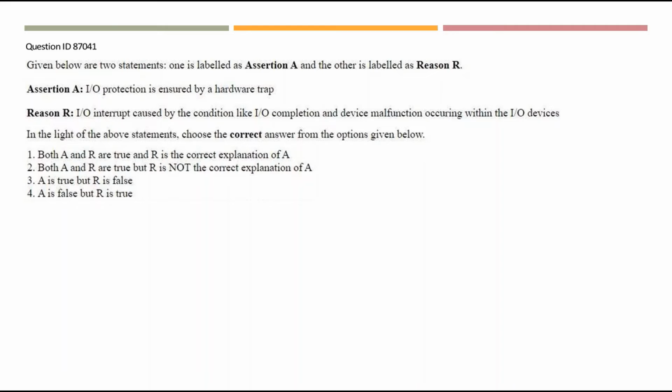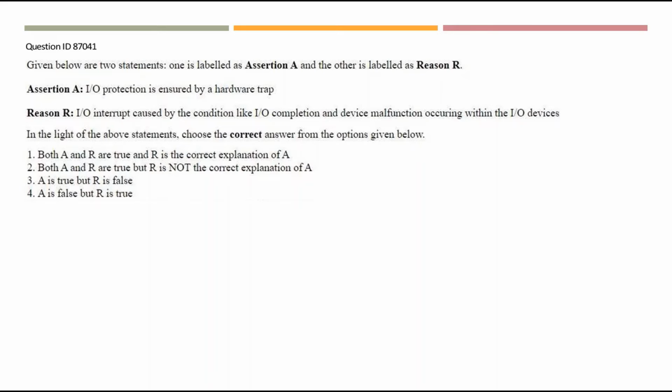Given below are two statements. One is labeled as assertion and the other is labeled as reason. Assertion says input output protection is ensured by a hardware trap. Trap is nothing but a software interrupt. Reason: input output interrupts are caused by conditions like IO completion and device malfunction occurring within the IO devices.